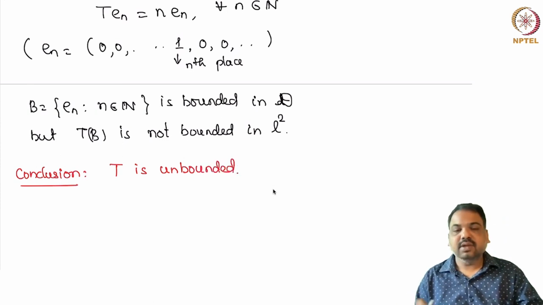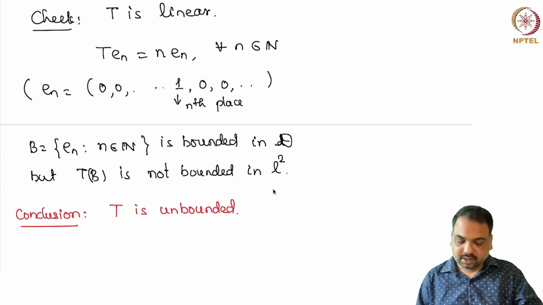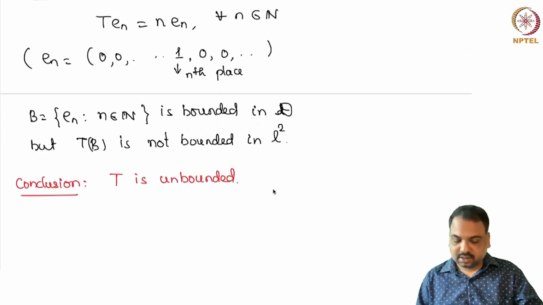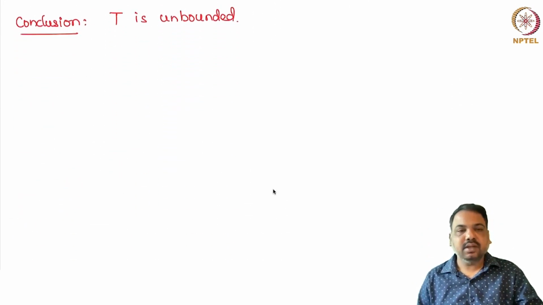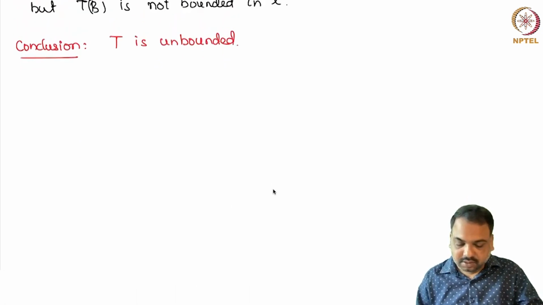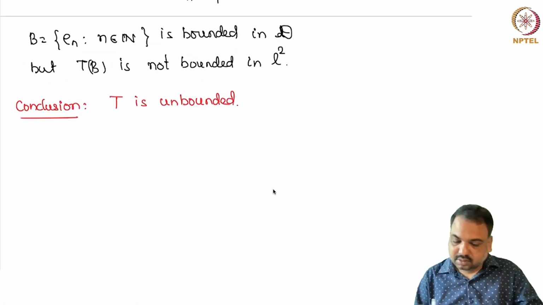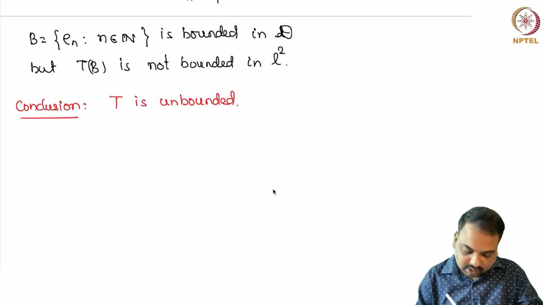But this operator has one important nice property, namely it is a closed operator. So next we discuss the meaning of a closed operator. Before discussing that, we need to know something about direct sums of Hilbert spaces. So let us look at that part.